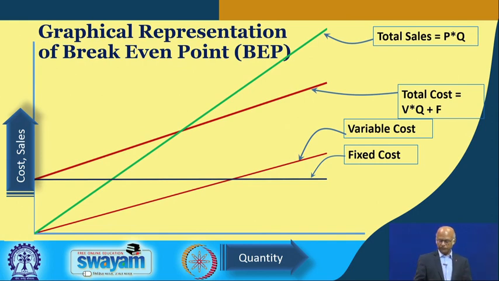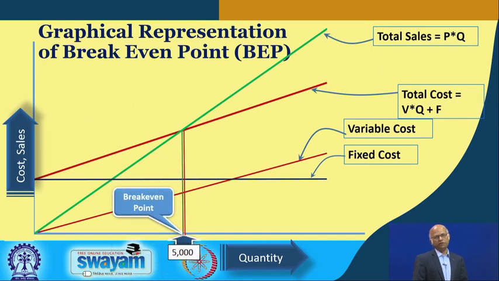So, x versus y. Now, where this sales line and total cost line is intersecting, that is the point where total sales is equal to total cost. So, that is defined as break even point. So, here as we have seen, 5,000 is the number of units to be produced and sold to break even.